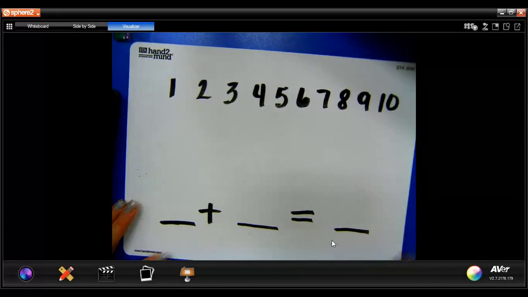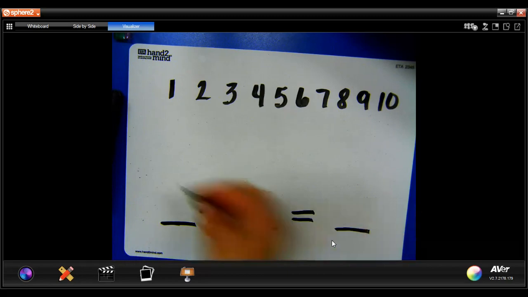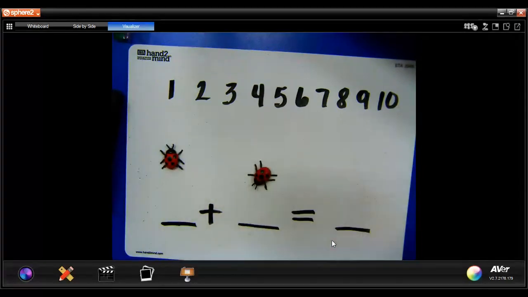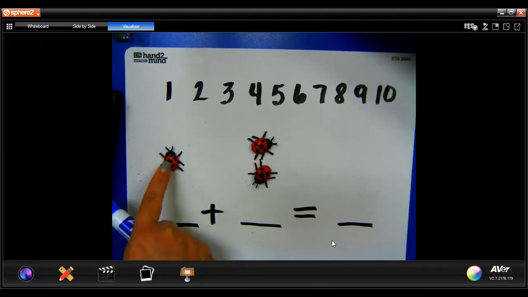So now we're going to do an addition problem. I'm going to be using some little ladybugs here that we're going to be adding. So here, how many ladybugs do I have? 1, right?